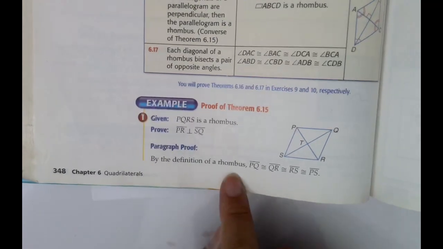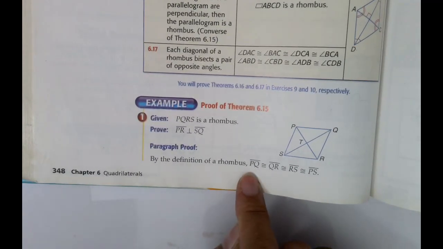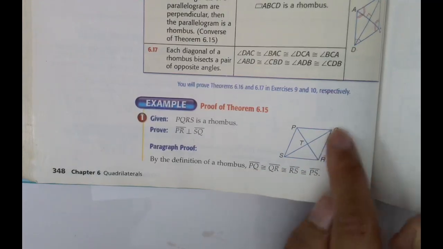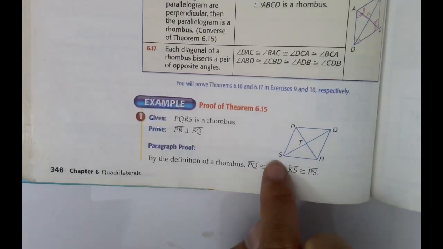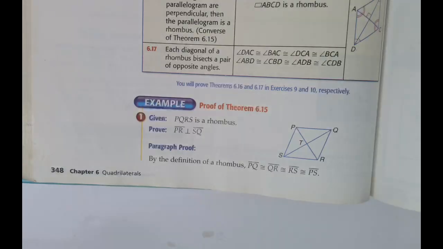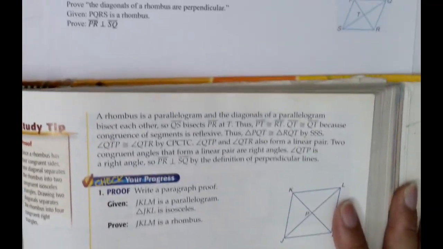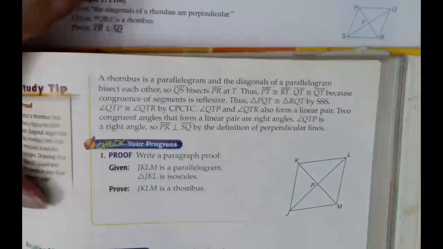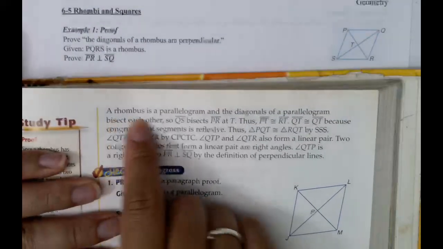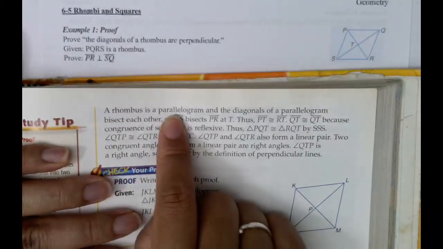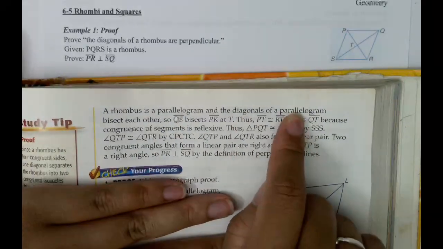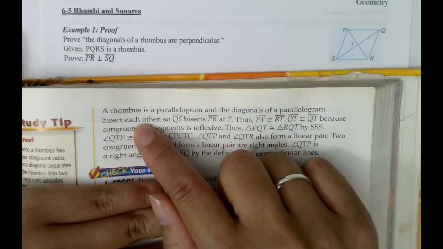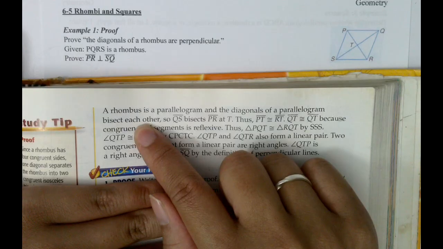By the definition of a rhombus, all of the sides are equal. So PQ is congruent to QR, which is congruent to RS, which is congruent to PS. Definition of rhombus, all four sides are congruent. Then, what we know is that a rhombus is a parallelogram, and so the diagonals of the parallelogram bisect each other.